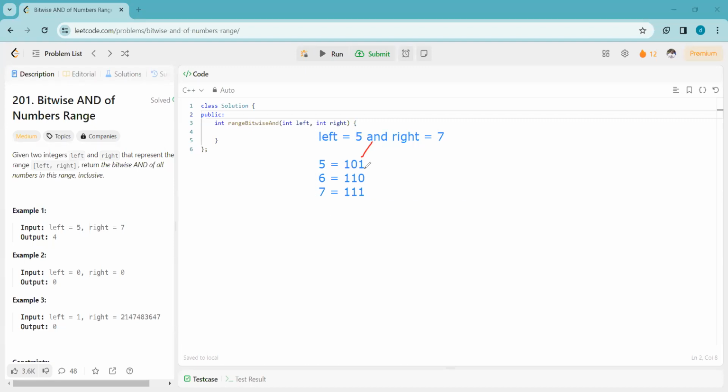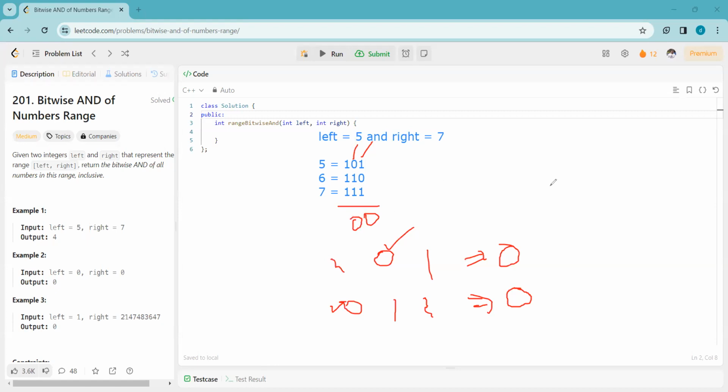If we see the 0th bit, the numbers are 1, 0, 1. Since we have at least one 0, the value will be 0. Now the first bit of all the numbers: 0, 1, 1. Here also we have at least one 0, so the bitwise AND for this bit position will be 0.